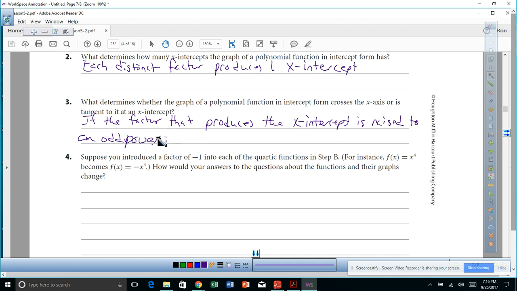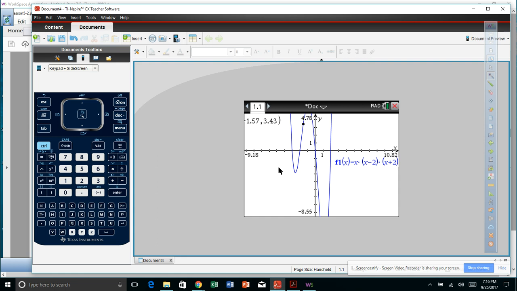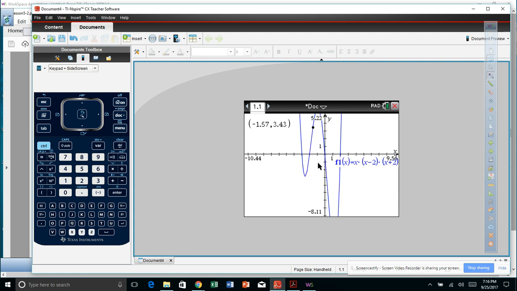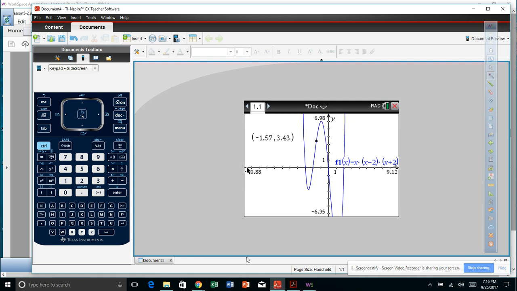And this is right out of the book, but if we go back and look, what's the power of this? This is to the fourth power. None of those, but the squares were tangent, the cubes, and whatnot.